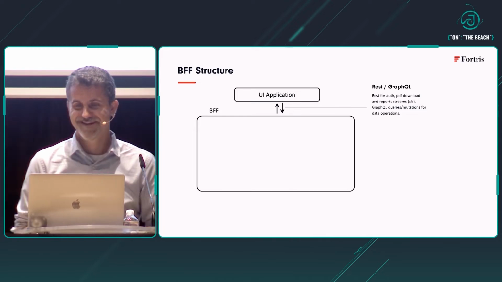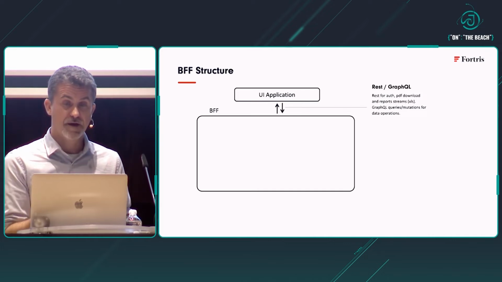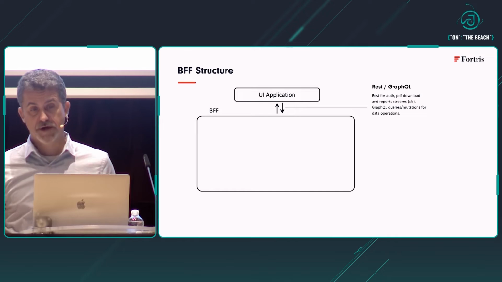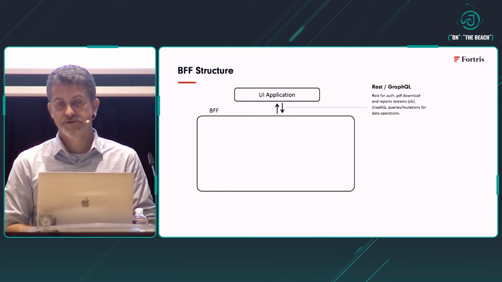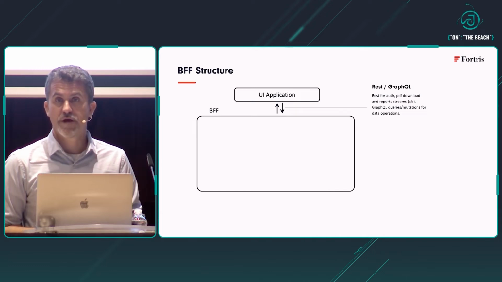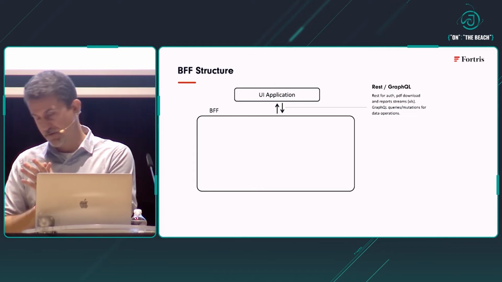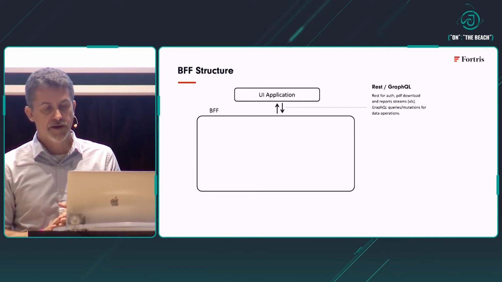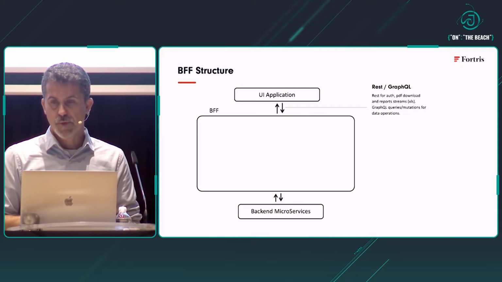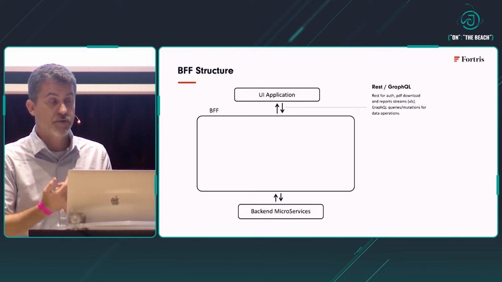That is not the silver bullet, it depends on your project, but here we use REST for things like auth, PDF downloading, because you can't do that with GraphQL, or streams for reports, and then anything else using GraphQL, with the super flexibility that we have with this query. As I said, it has other very convenient features, but I highlighted this for the purpose of the talk. So we have the backend microservices communicating with the backend for frontend.